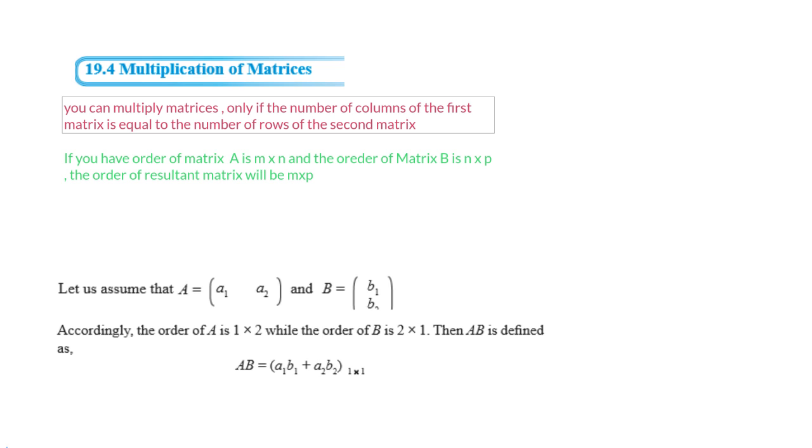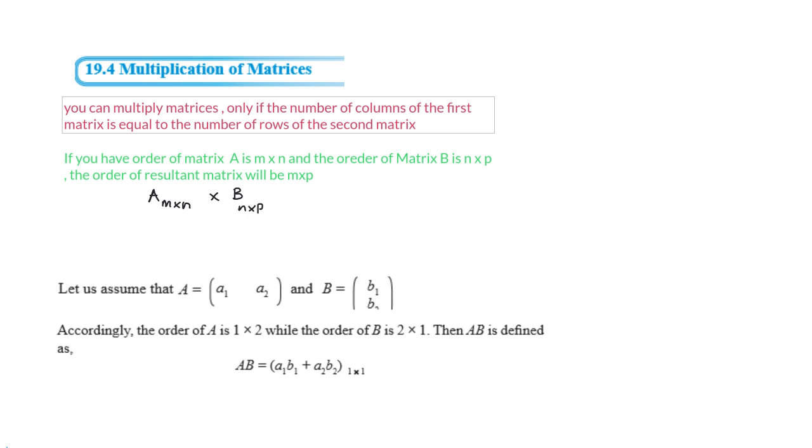Let's write that one. Order of A is equal m by n. We have to multiply this one with B. Order is n by p.